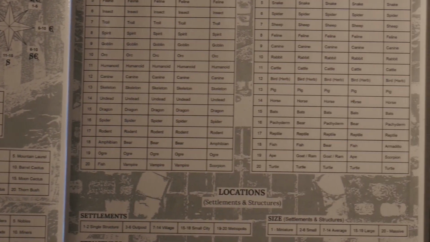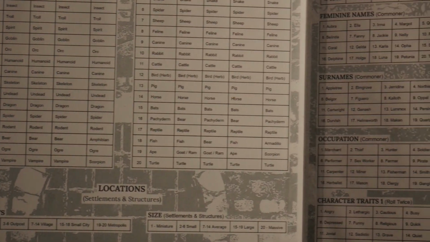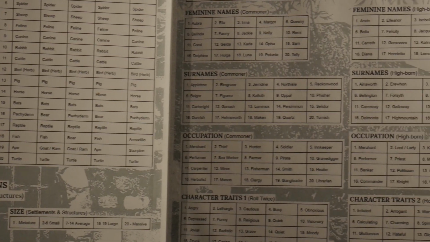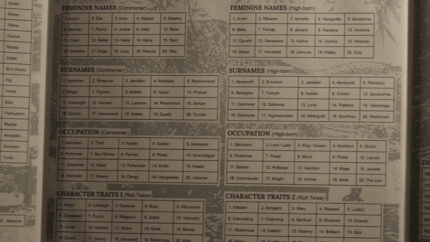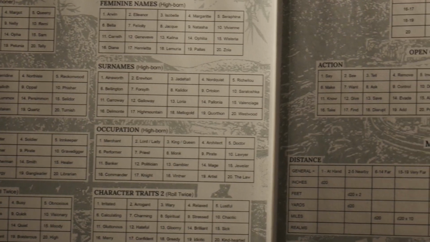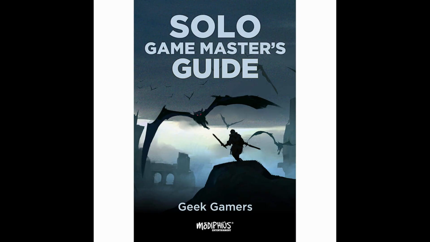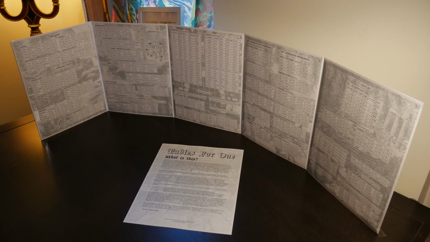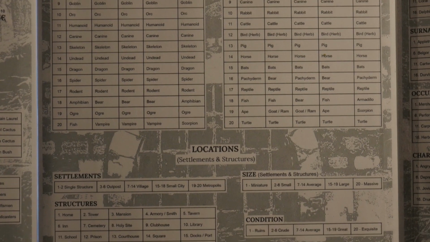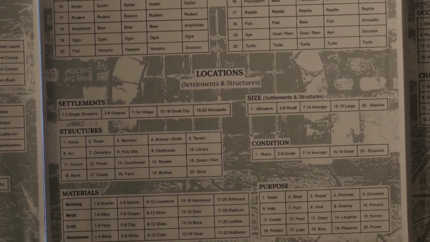It is assumed that you will already have basic knowledge of your preferred role-playing system and how to run solo sessions before using the tables. For neophytes, check out Geek Gamer's book, Solo Game Master's Guide, for everything you need to learn how to run a solo session. Or you can watch The Adventures of Conrad by Swords and Solitude on YouTube. That's me.